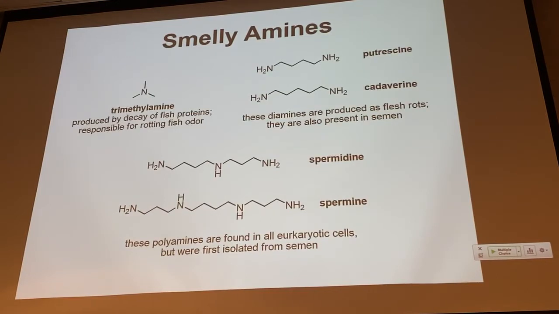Many times when you get fish in a restaurant, you get a little piece of a lime or a lemon, and then you squirt that lemon or lime on the fish. Not only does that improve the taste, it also improves the smell. And of course, our senses of taste and smell are intertwined with each other. Anyone who's lost their sense of smell due to COVID can probably tell you that.